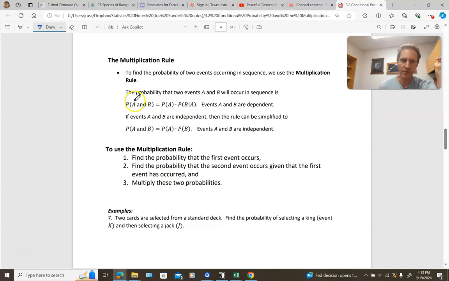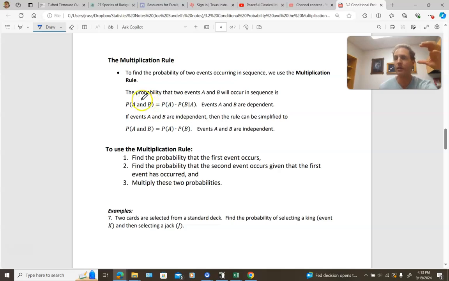So this is sometimes referred to as an intersection. In other statistics books, you would see this referred to as the probability that event A intersects event B. But anyway, you're going to read this as the probability of A and B occurring.